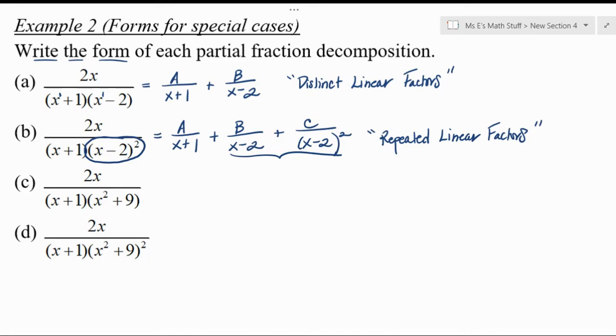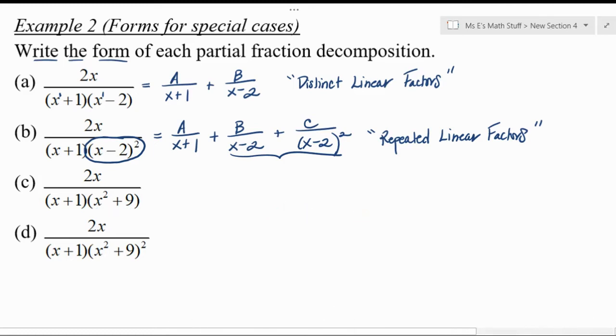Okay, now part C is new. Now x squared plus 9 right here. If I could factor it, I would, and technically I can. It factors as x plus 3i times x minus 3i. But we really don't want to have anything but integers in this stuff, because of the process that we'd have to use.